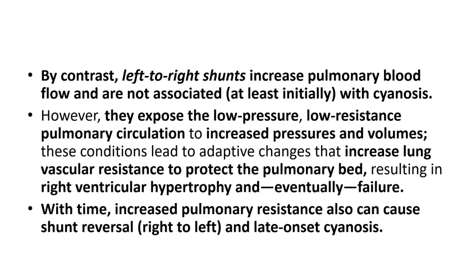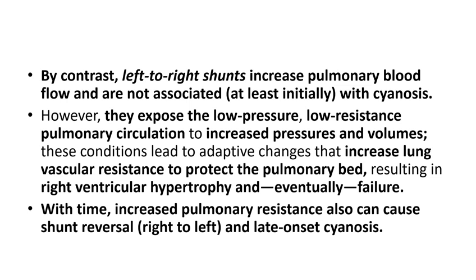Right to left shunts are associated with cyanosis, but left to right shunts initially are not associated with cyanosis. With time they expose the low pressure, low resistance pulmonary circulation to increased pressure and volume, and this leads to adaptive changes, increased lung vascular resistance, resulting in right ventricular hypertrophy and eventually right ventricular failure.